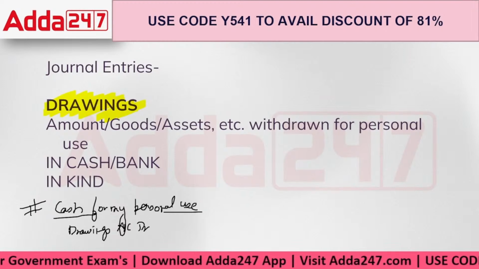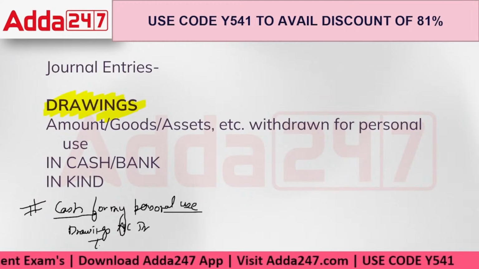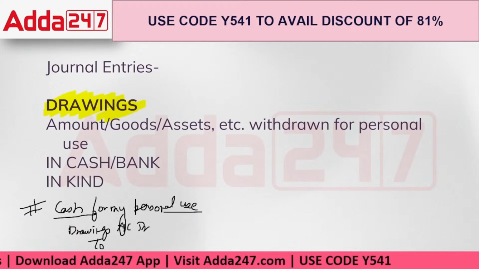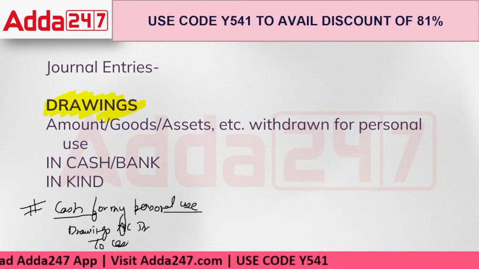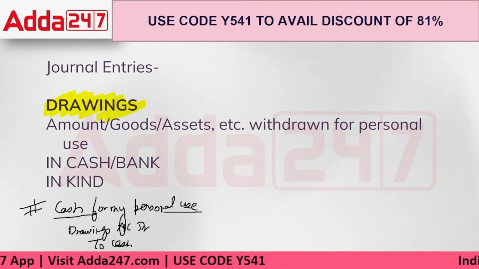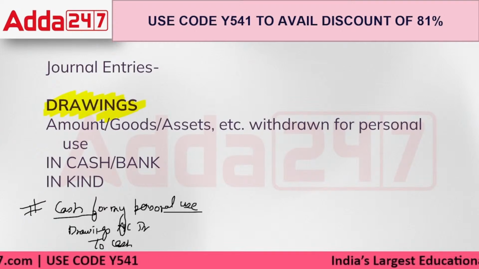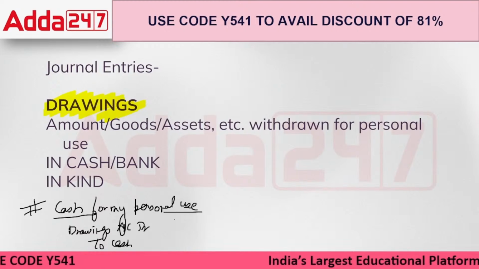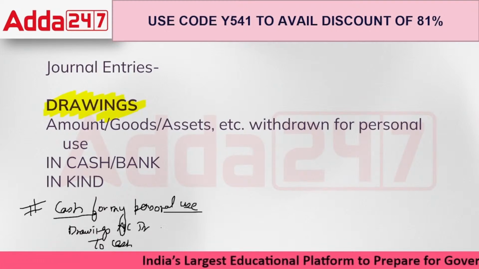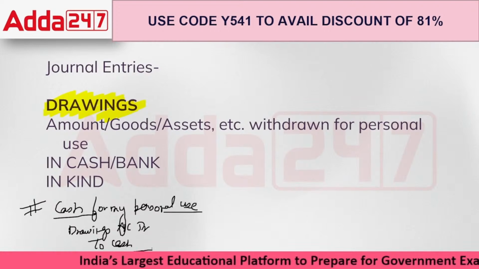Every time you are having drawings, it would be on the debit side. And what are you losing? You will be losing cash. So you'll be noting it down as drawings to cash, right? Now, the next point is, when we are noting it as drawings to cash, then what next? If I lose cash, it would be on the credit side.